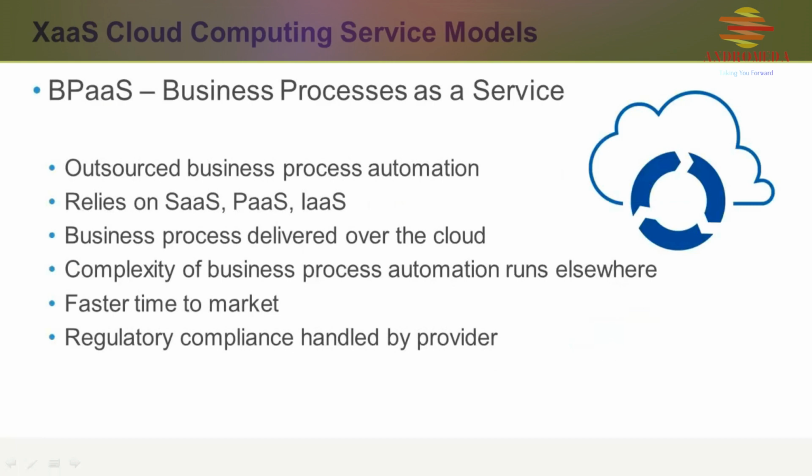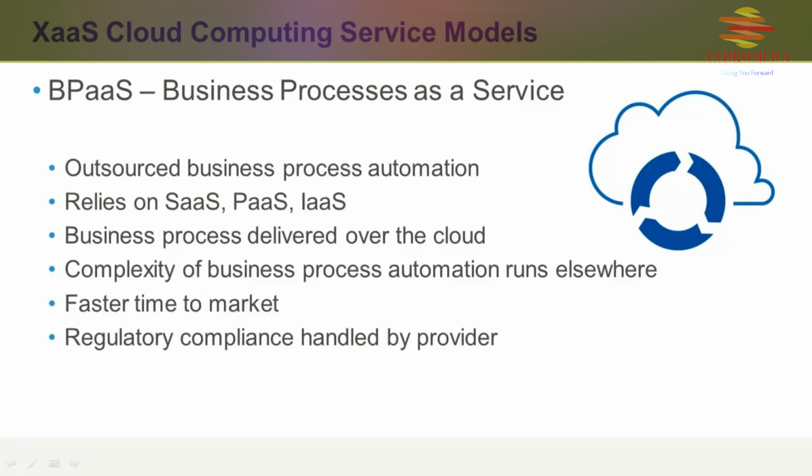And finally, business processes as a service. This is outsourced business process automation. This typically relies on the existing cloud infrastructure services such as SaaS, PaaS, and IaaS, which are, let's call them, the standard cloud models.